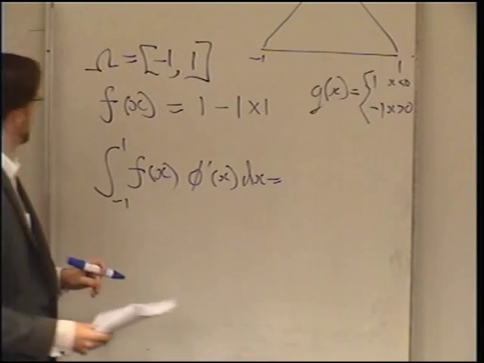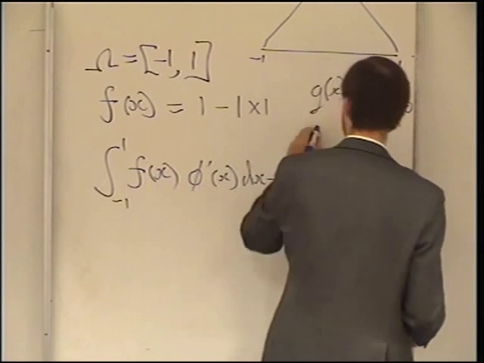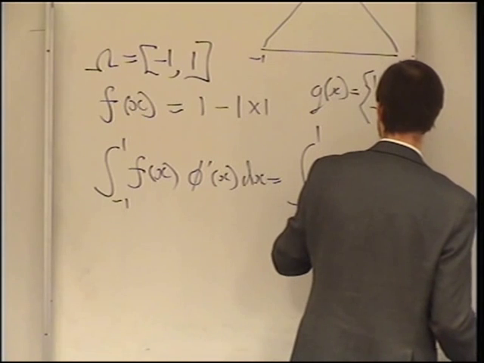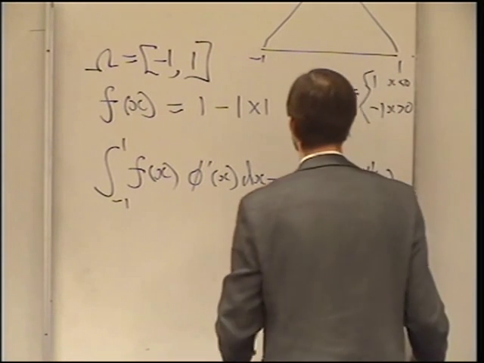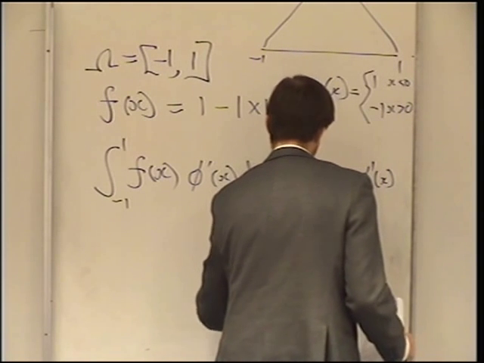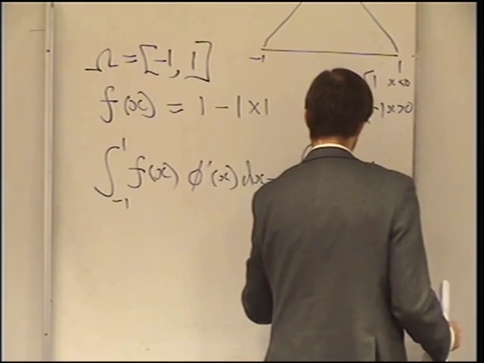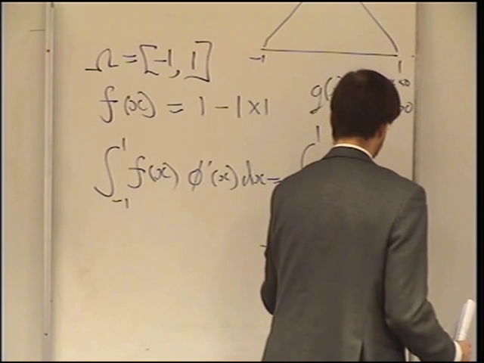So we do the integral from 0 to 1 of f of x phi prime of x, plus the integral from -1 to 0 of f of x phi prime of x.